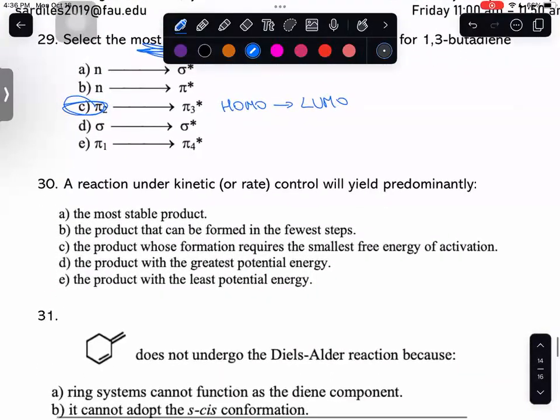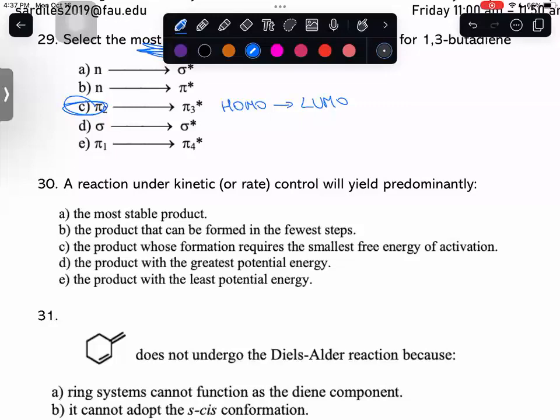Okay, 30. Okay, answer for 30. B or C? D?